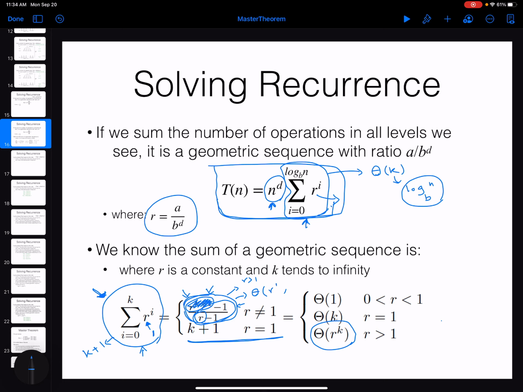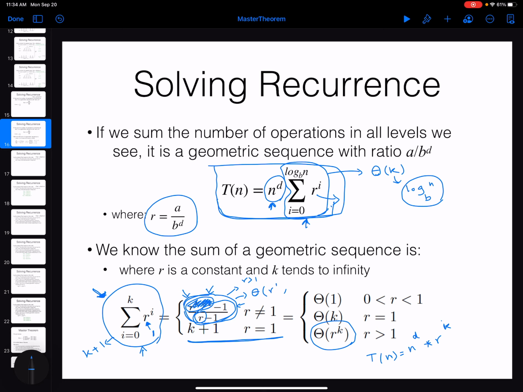So what is going to be the result for the last case? T of n will be equal to n to the power of d multiplied by r to the power of k. But I need to simplify this.